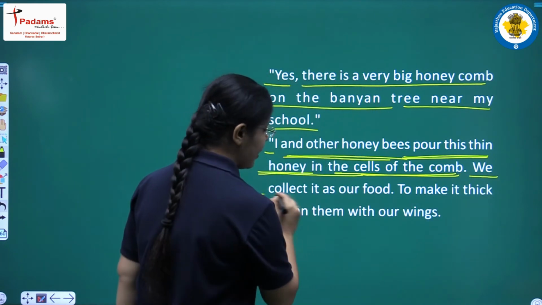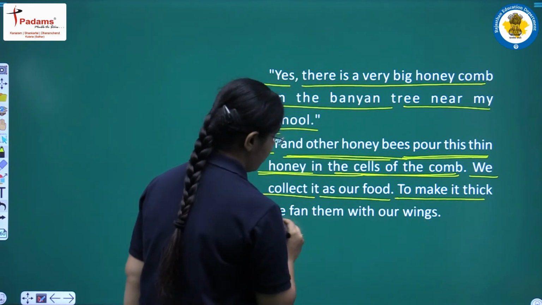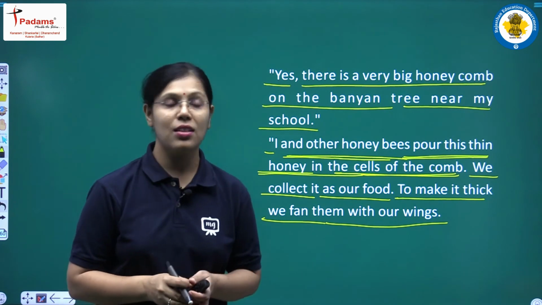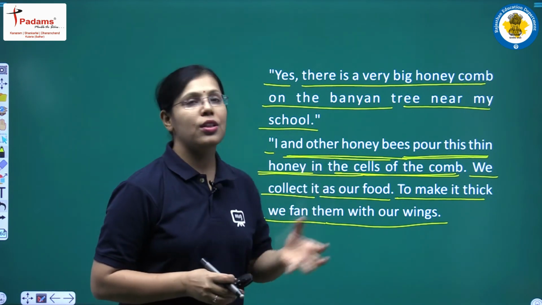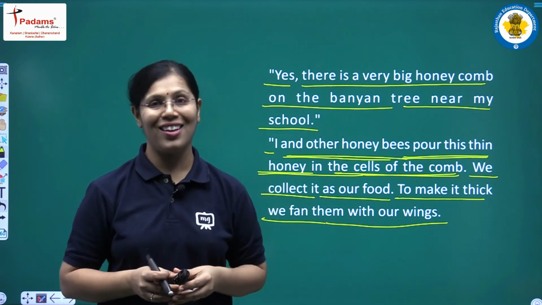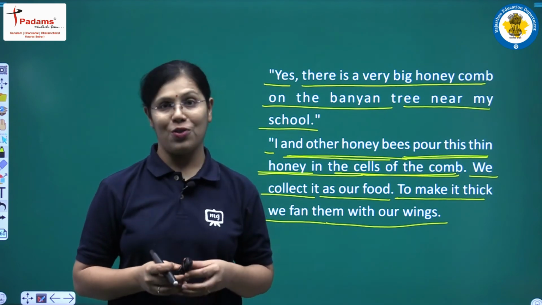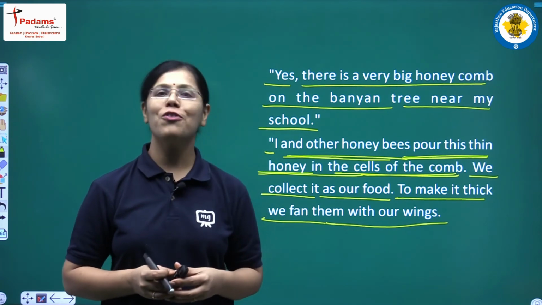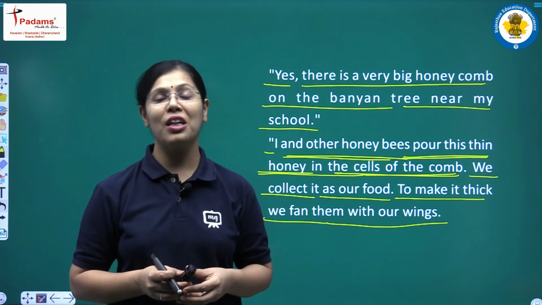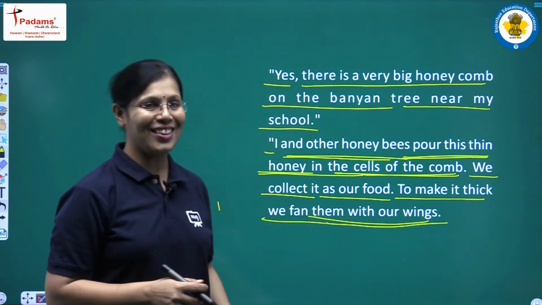We collect it as our food. To make it thick, we fan it with our wings. So, she told the process that we pour this thin honey in the cells of the comb and we collect it as our food. Honey is the food of honeybees, and to make it thick, we fan it with our wings.